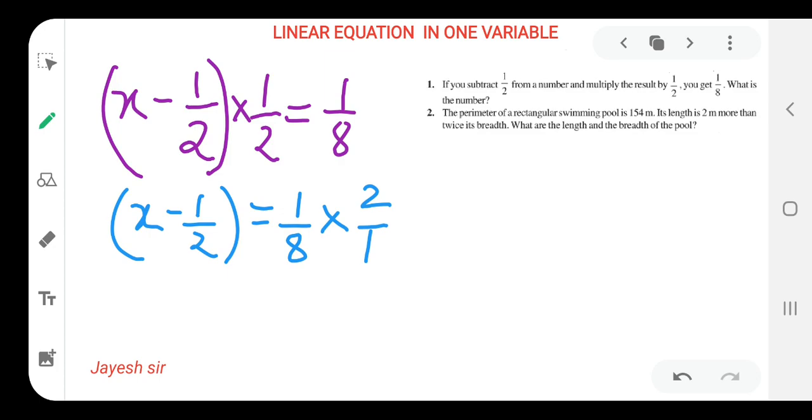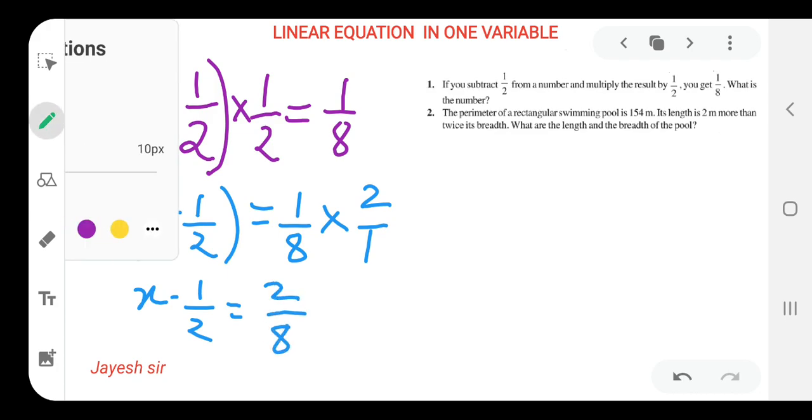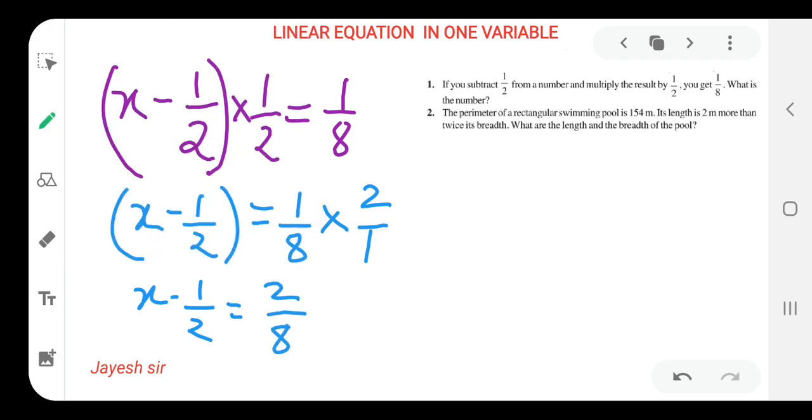So x minus 1 by 2 equals 2 ones are 2 upon 8. Now we can do cancellation: 2 ones are 2, 2 fours are 8. So x minus 1 by 2 is equal to 1 by 4. This is the equation we have formed after solving some steps.